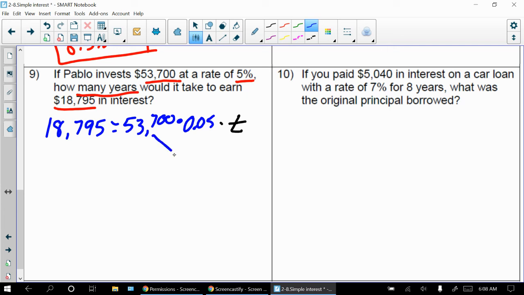All right, so then we just gotta multiply these two. All right, so 18,700 equals, and then these two multiplied. If you already skipped ahead, that's fine. If you're trying to do some of it on your own and checking with me.